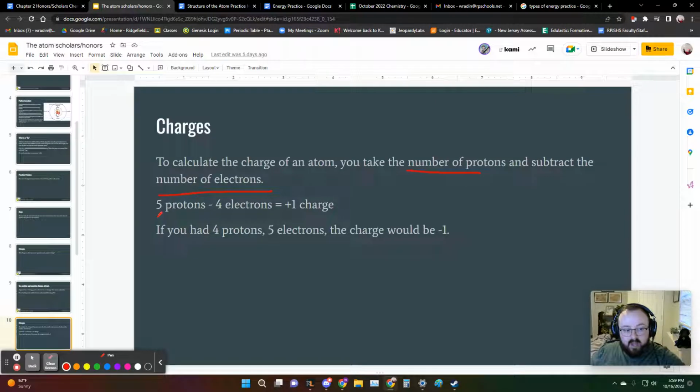If an atom has 5 protons and 4 electrons, you subtract them, and you should indicate that it's a positive one. Don't just write 1. Is it negative or positive? It does make a difference because you can have a negative charge. As we see right here, 4 protons, 5 electrons gives us 4 minus 5, and our charge is negative 1. So there is a difference.